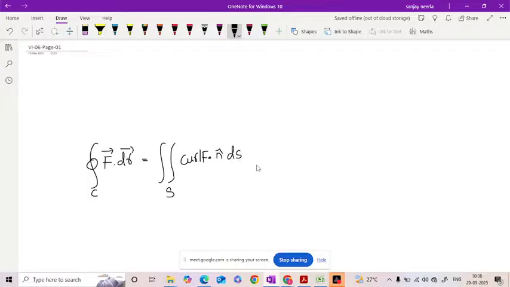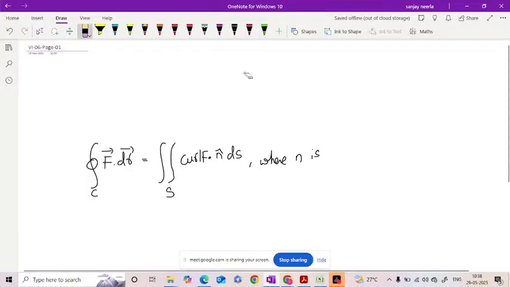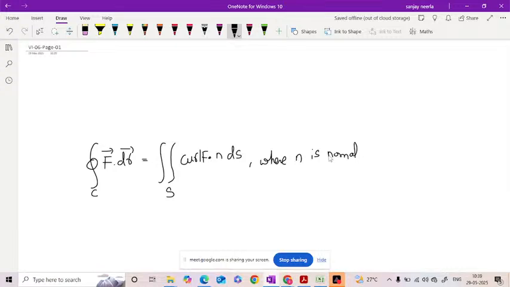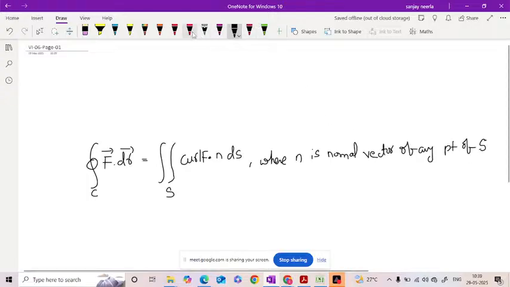Here n indicates the unit normal vector at any point of S, where S indicates the surface.